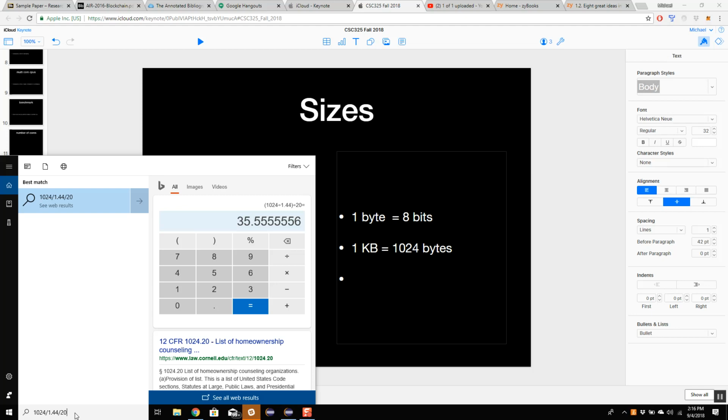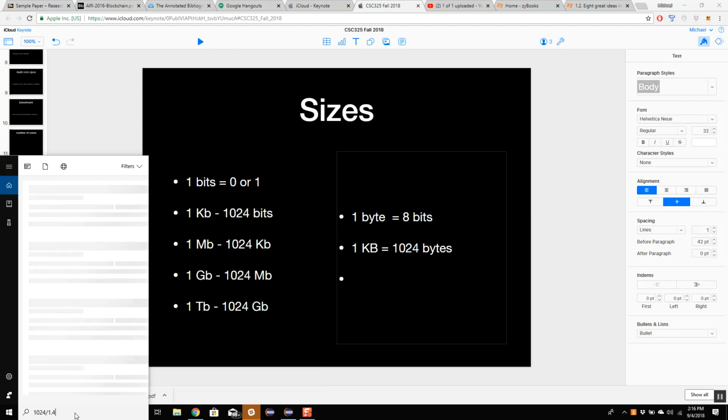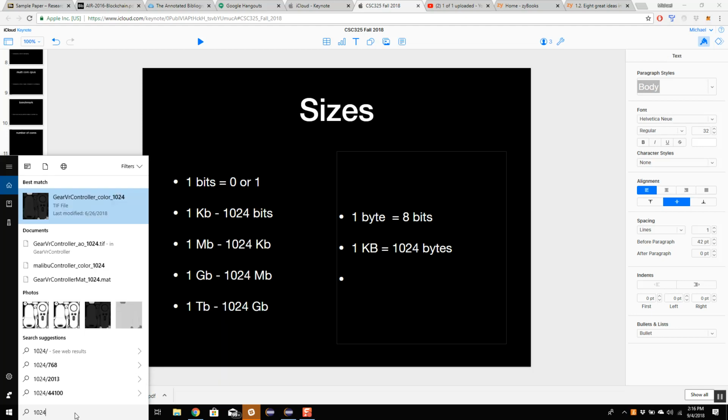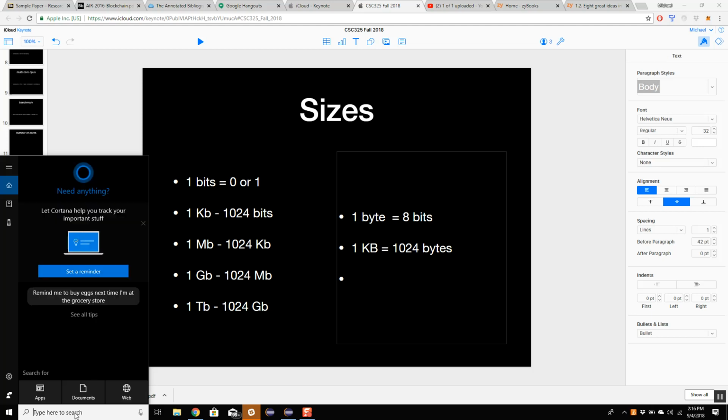Now, if we look at a much shorter period of time, what were our internet connections in the last, let's say, 5 years? How long have we been able to get 100 megabits per second? Quite a while.